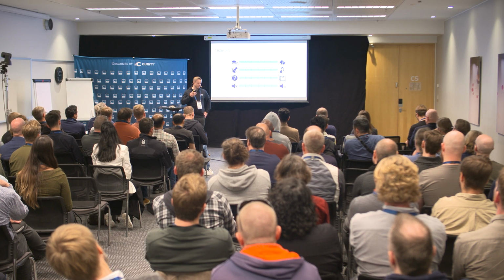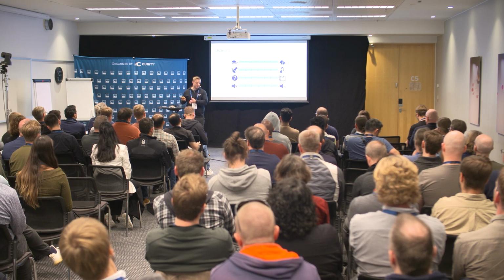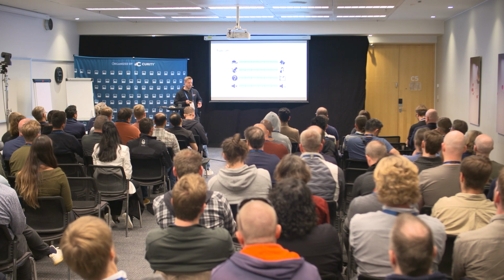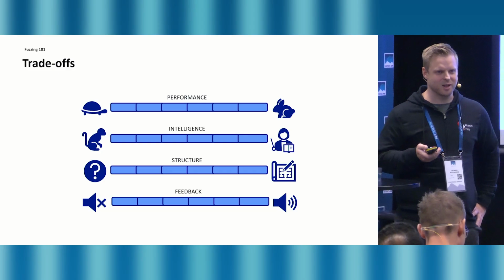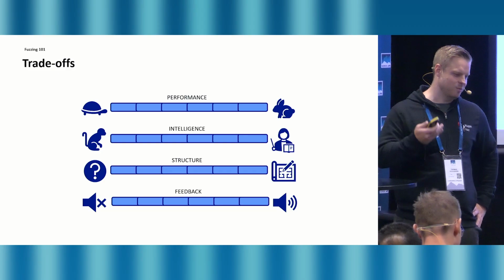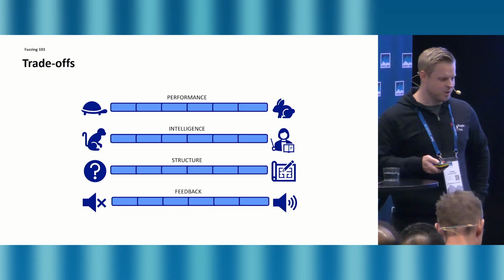There's some structured approach. You can be very structured, but then you get close to the happy flow of the developer. If you're very unstructured, you're testing or scratching the surface maybe. Then there's also an aspect of feedback that you can use. So how much feedback do you want to use to guide your fuzzer in the right direction?